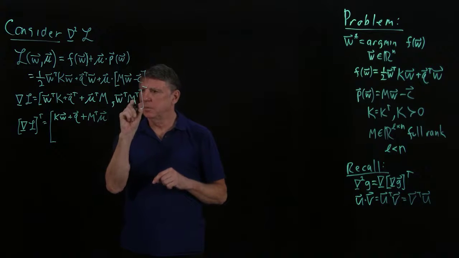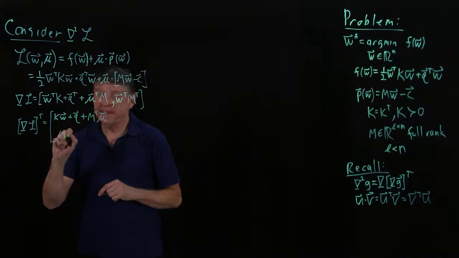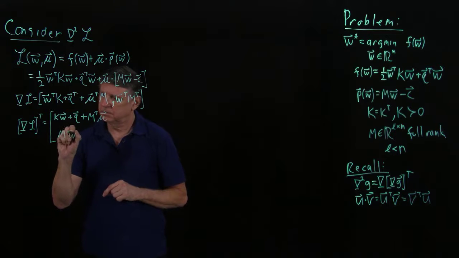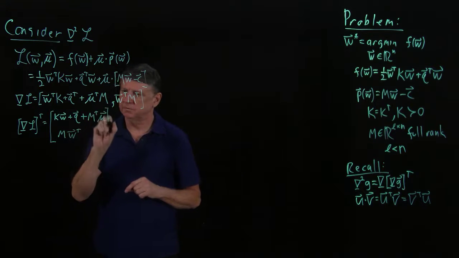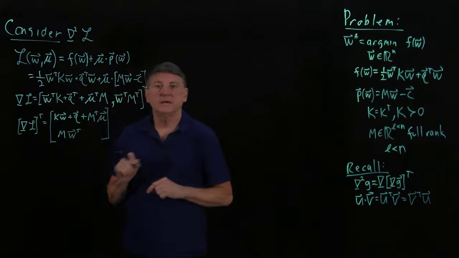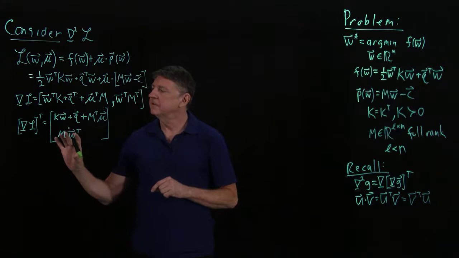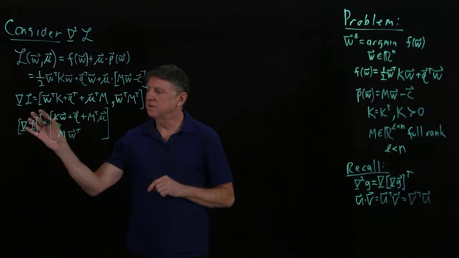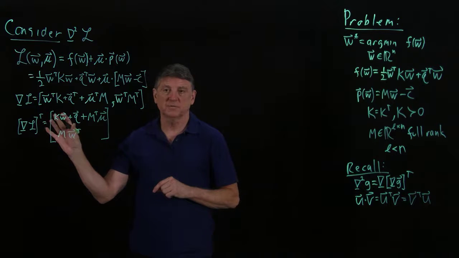And this term when transposed is M times W. And now I have the transpose of the gradient of the Lagrange function.